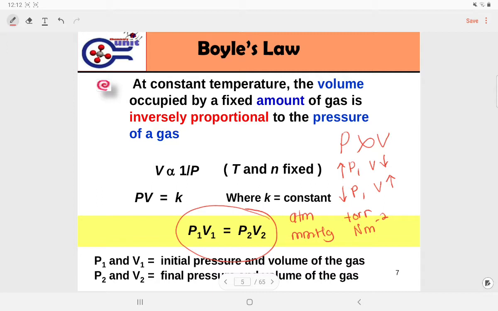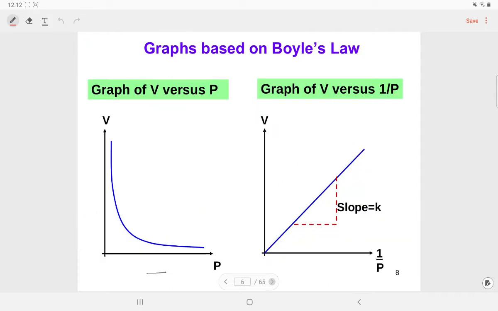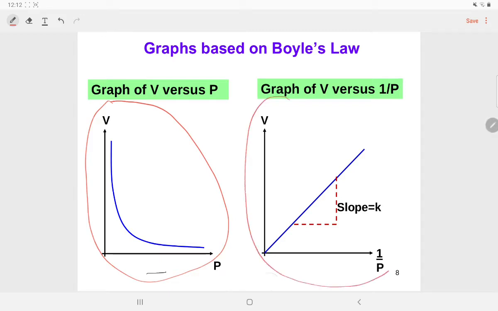Before we use this formula, let me show you the graphs involved in Boyle's law. These are the two graphs that we use. The first graph shows volume is inversely proportional to pressure. For the second graph, if we want to find the slope, which means the gradient of the graph, we need to make sure volume is plotted versus 1 over pressure.